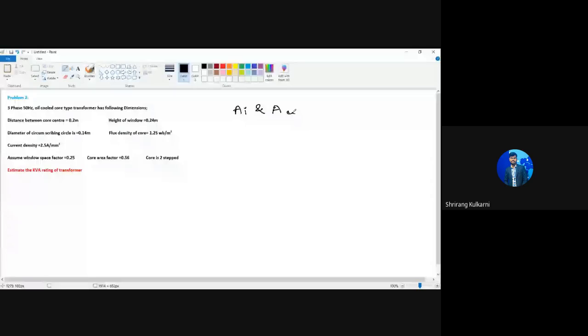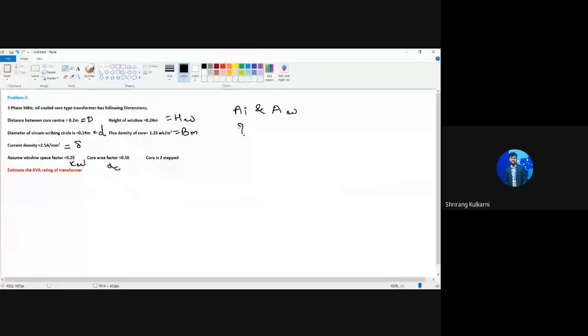First, what you have to calculate? First, we have to calculate AI. Core area factor Ac is equal to AI by D square, correct?